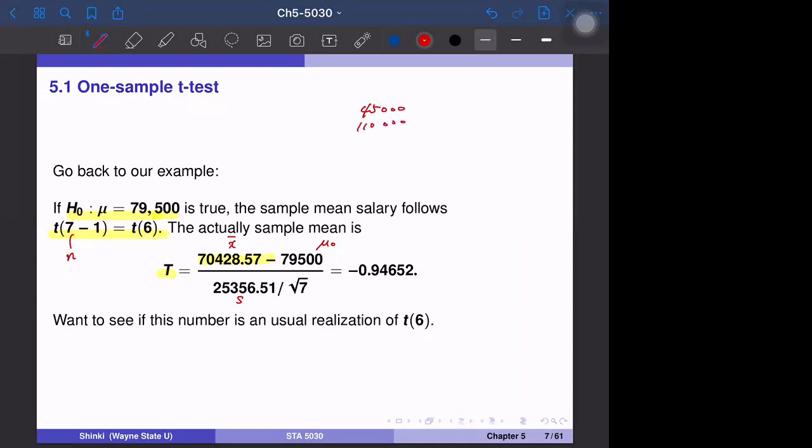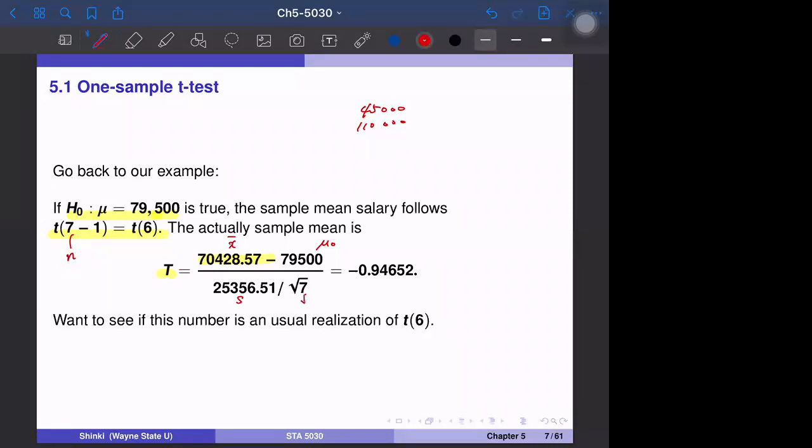So typically we have deviation of 25,000. So 70,000 is the center, but the typical deviation is around 25,000. So if deviation is maybe 10,000, 20,000, 30,000, 40,000, probably that's pretty usual.